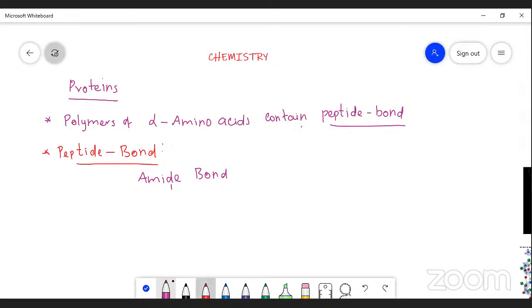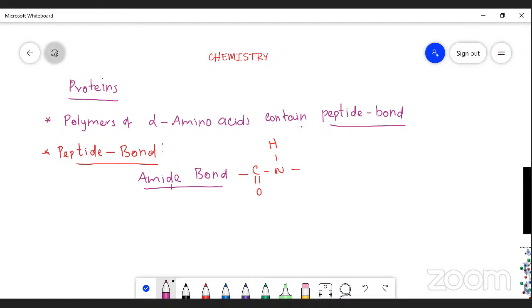What is an amide? It is C double bond O and NH, the N and that H. This bond is the amide bond.